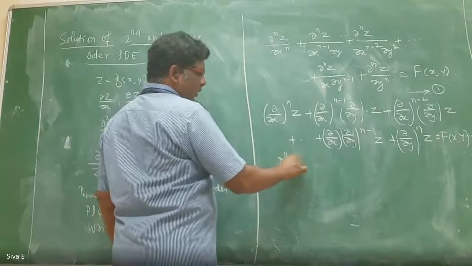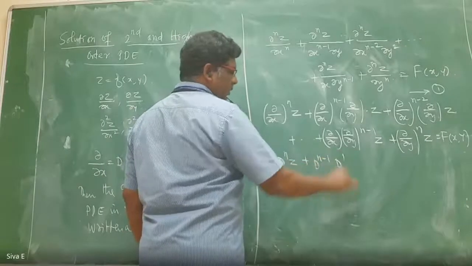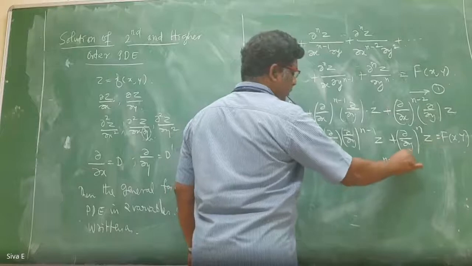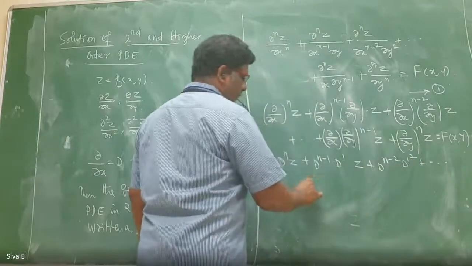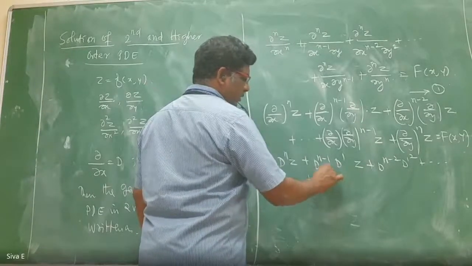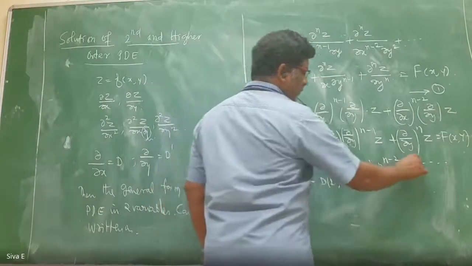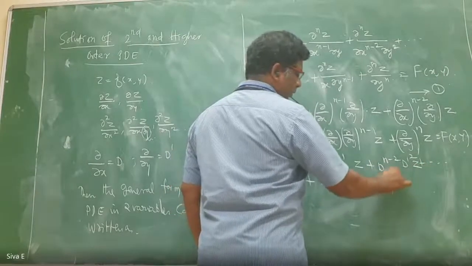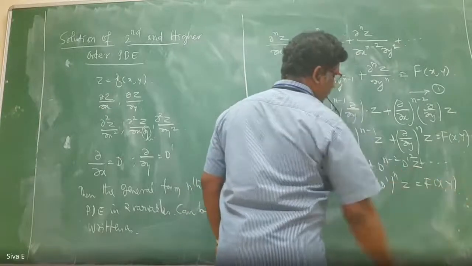D^n z plus D^(n-1) D' z plus D^(n-2) D'^2 z etc., D D'^(n-1) z plus D'^n z equal to f of x comma y.